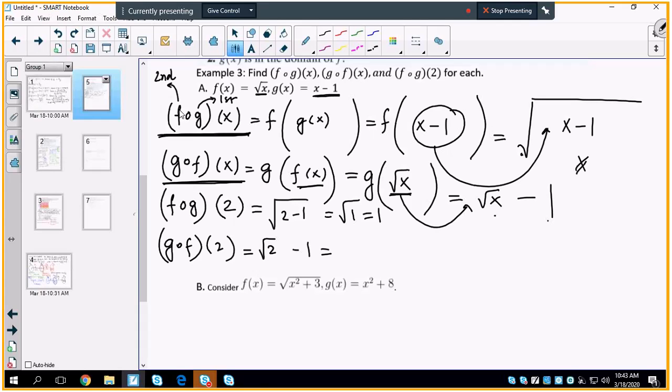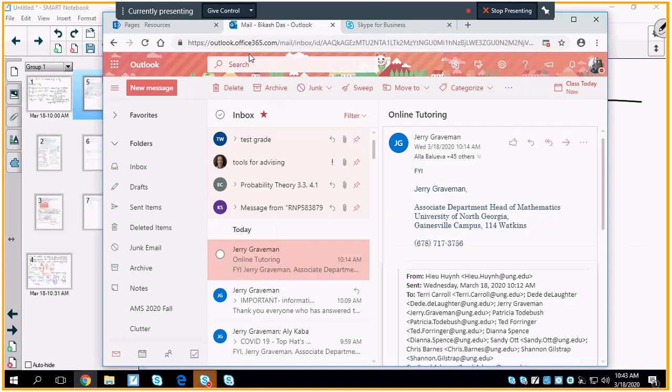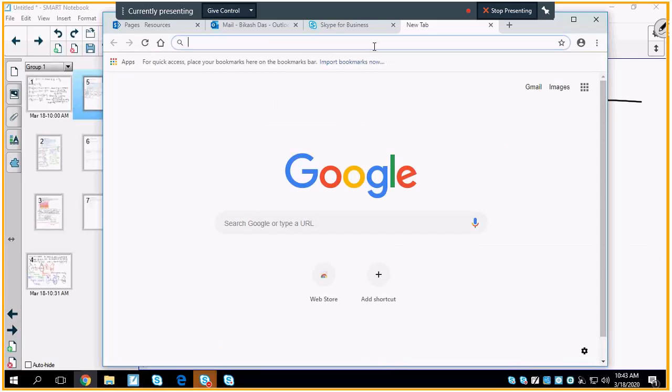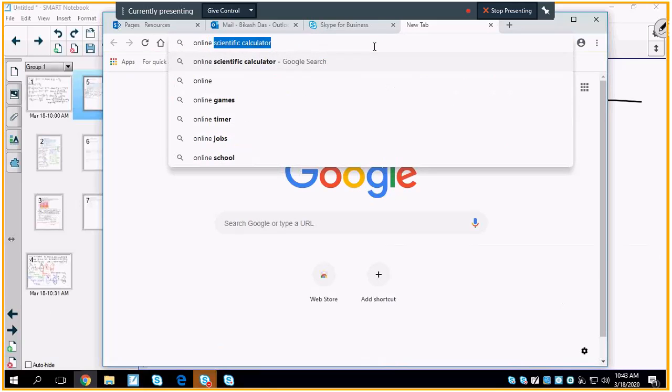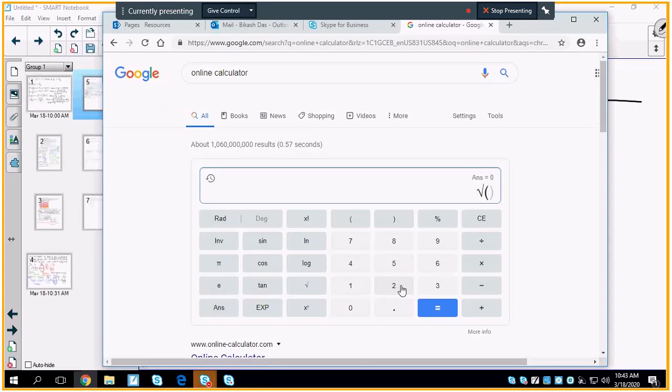So if I am interested in knowing how much is square root of 2, I can find it from the calculator. So let's try to get that from the calculator real quick. So square root of 2 is 1.414.